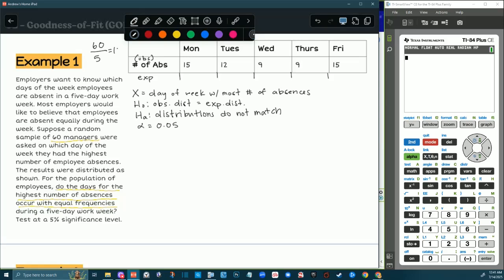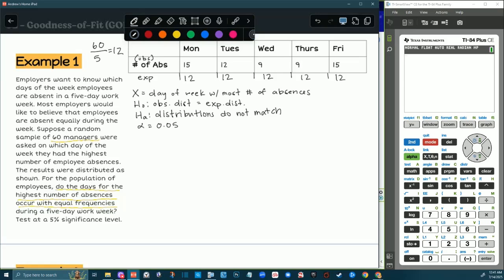And I happen to know that that would give me 12 responses per day if they occurred with equal frequency. So what I'm expecting, if they actually occur with equal frequency, is 12, 12, 12, 12, 12.